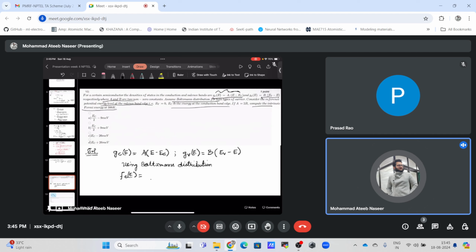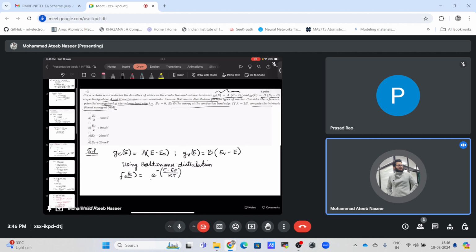It means that E minus EF is much greater than 3 kT, that is the condition. That's when we can use this formula and neglect the 1 plus that was there in the Fermi-Dirac distribution, as we saw in the previous problem.